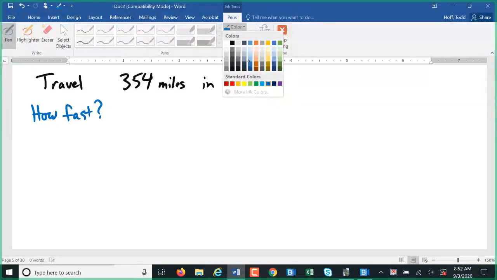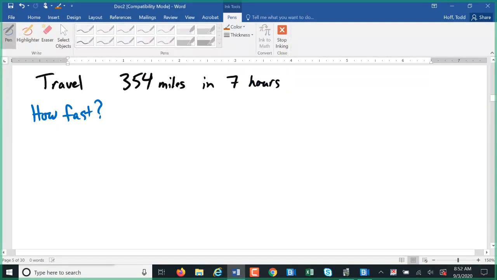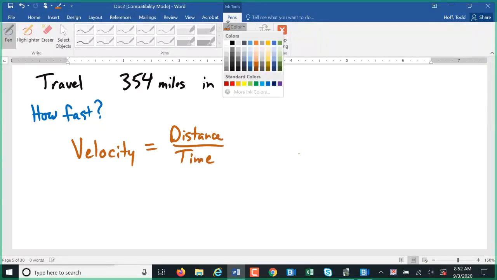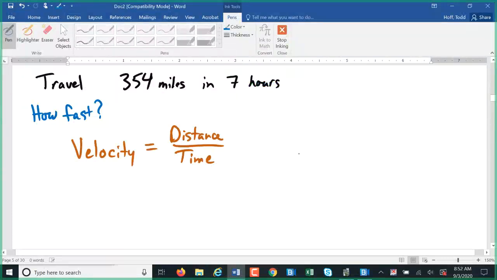Well, this is a velocity problem, a speed problem. Velocity is equal to distance traveled divided by time. Now, technically, velocity is displacement divided by time, not distance. But the simple version is to do distance divided by time.